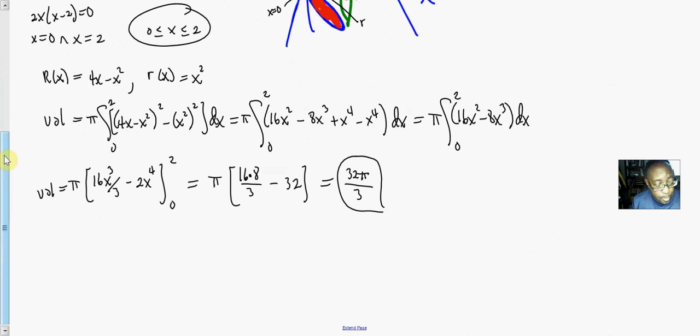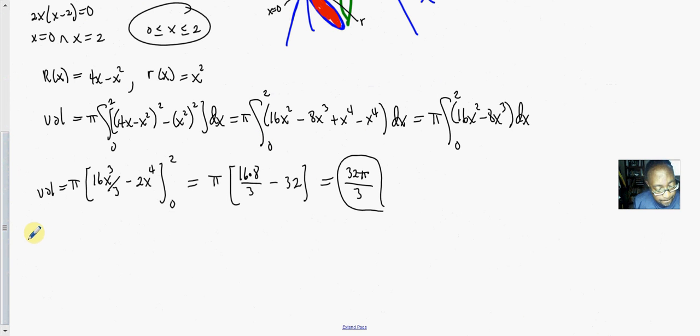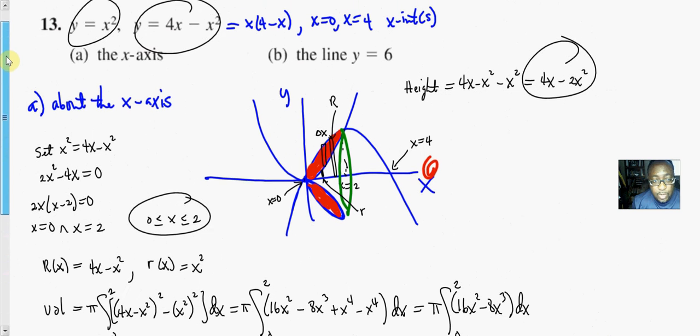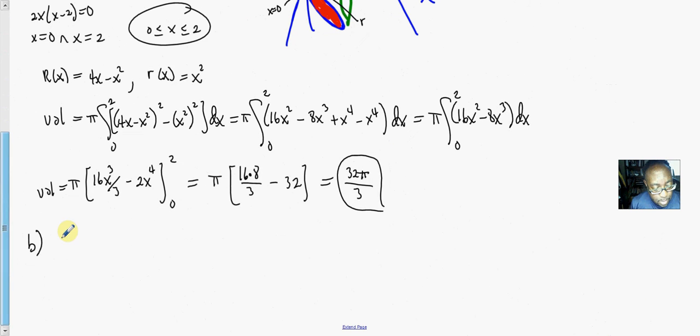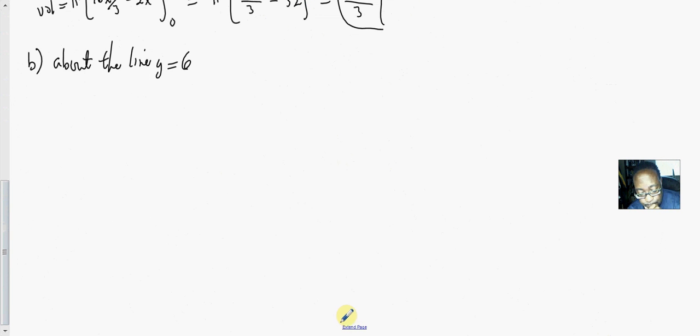Part B. Part B is very long. See if I can cut around something. I'll try to. So here, this is about the line y equal to 6. So you remember the graph.